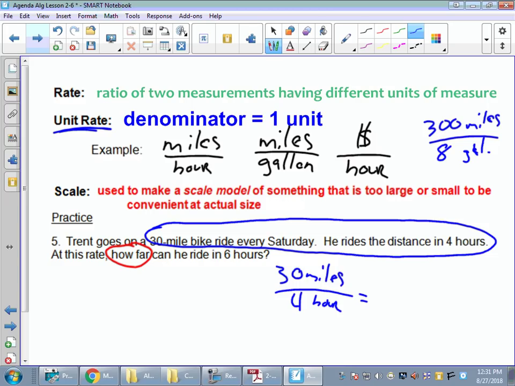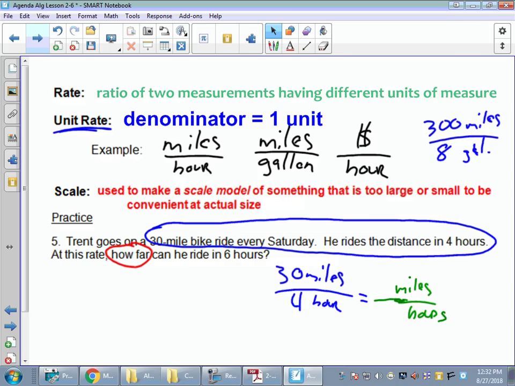I'm going to set up an equivalent fraction or a proportion here, and I've already put my miles here and my hours down here. I've put my labels because I want to keep them on the same side. If miles is on the top as the numerator, I want to keep it as the numerator on the other side of the equal sign. If hours is on the bottom, I want to keep hours on the bottom of the other fraction.